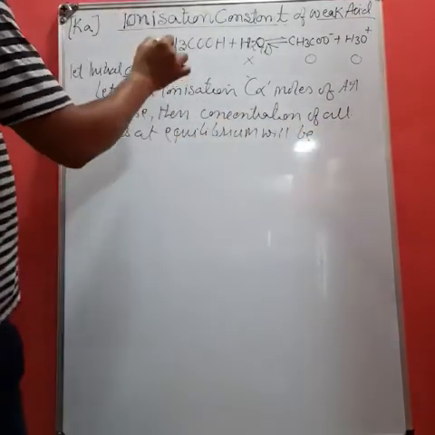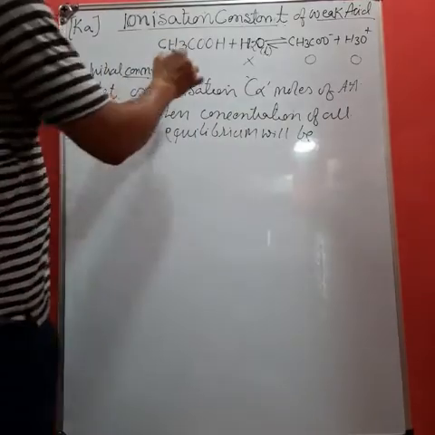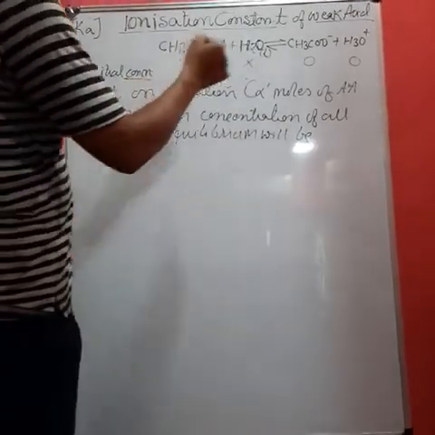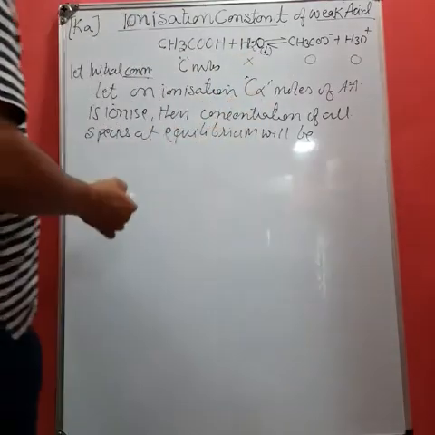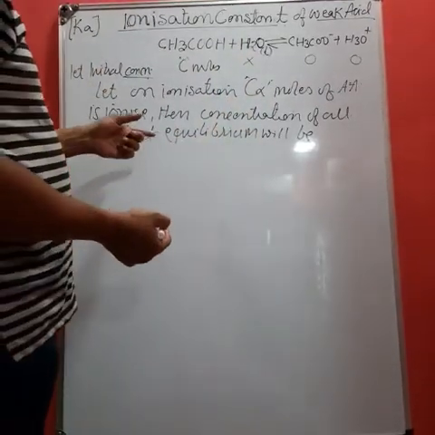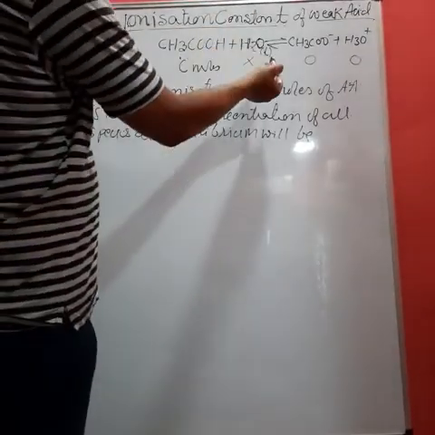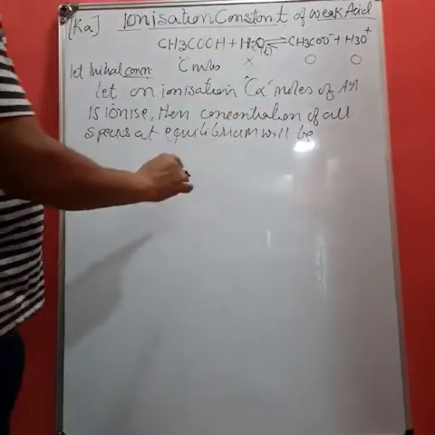now student, the initial concentration is C moles. So out of C moles, if C alpha moles are ionized, then how many acetic acid will remain in the solution?